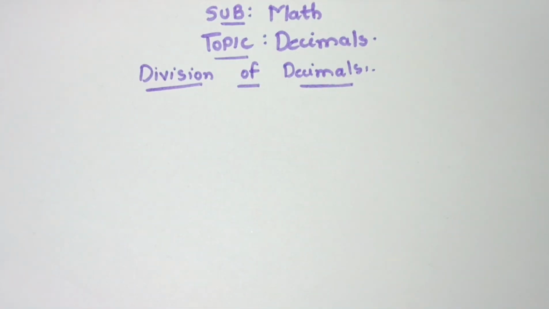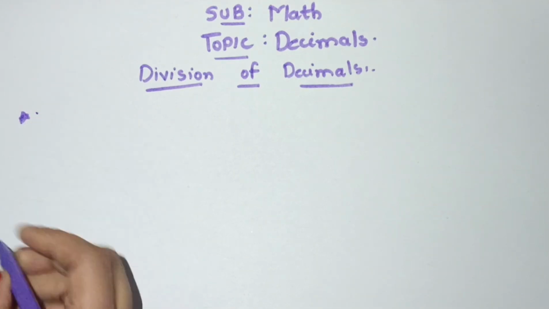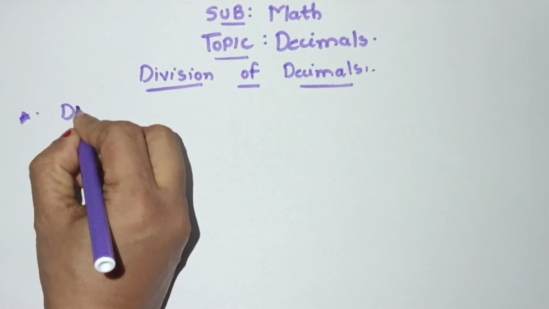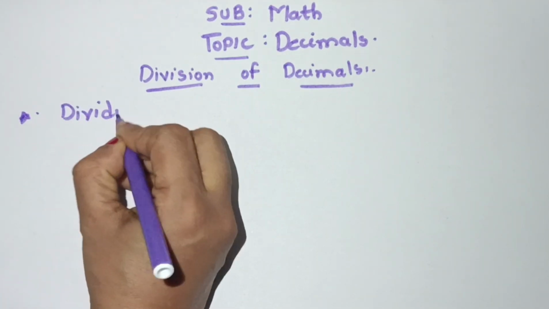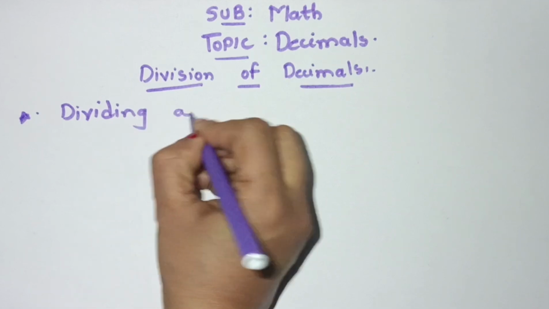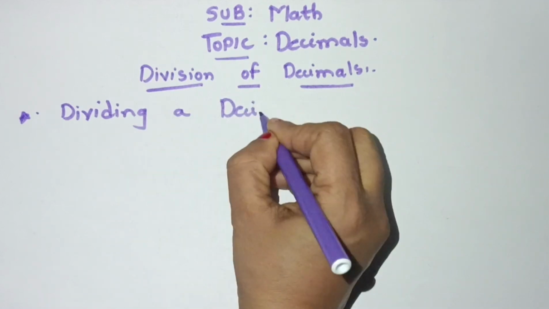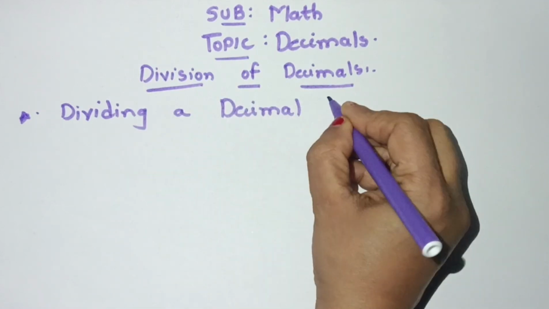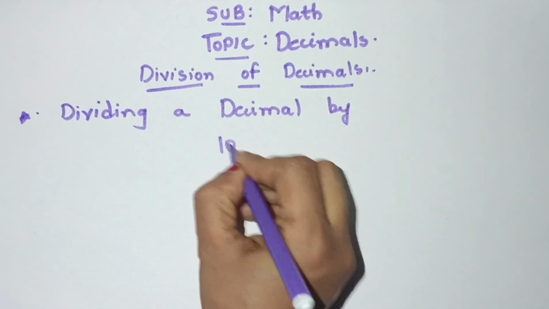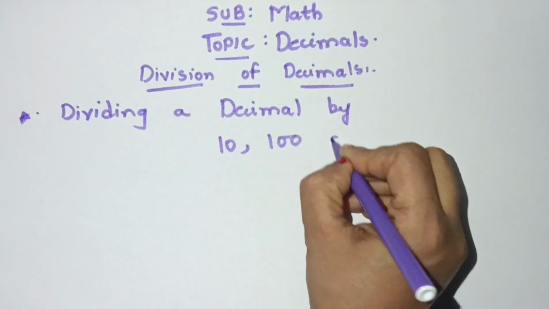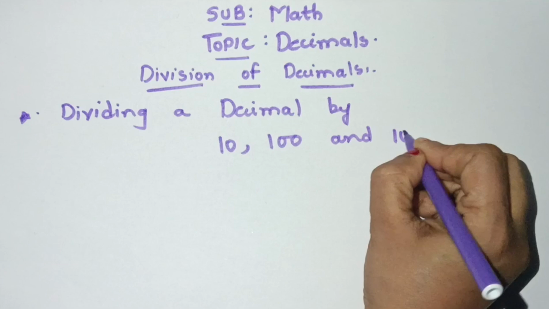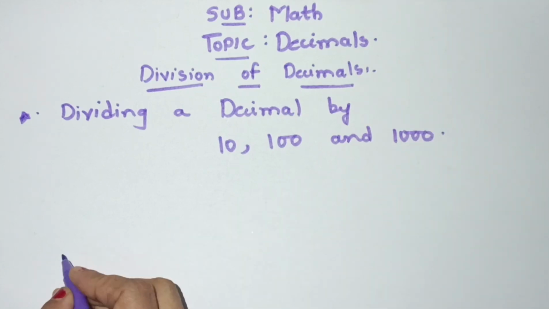So, today we are going to see a new subtopic which is called dividing a decimal by 10, 100 and 1000.